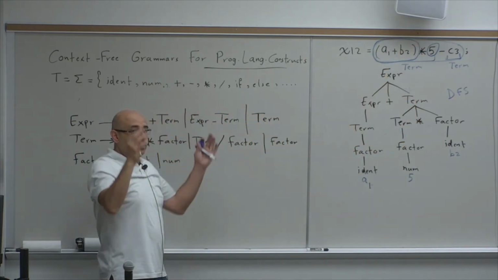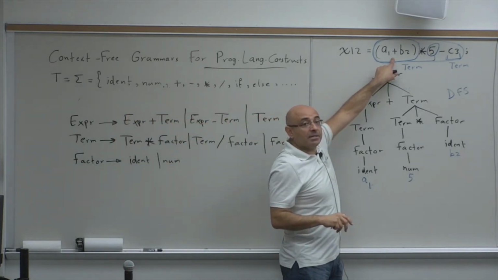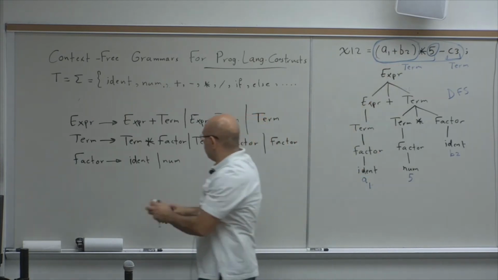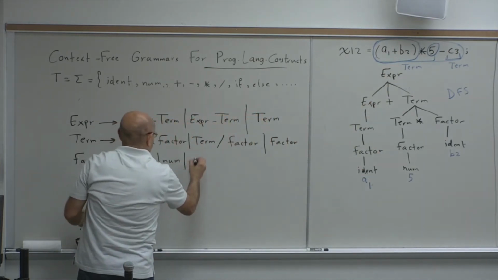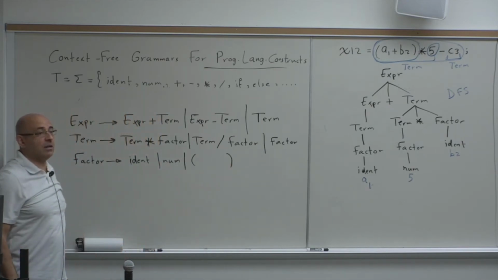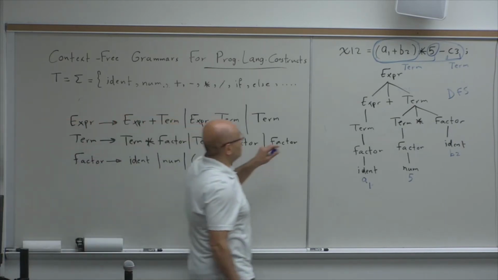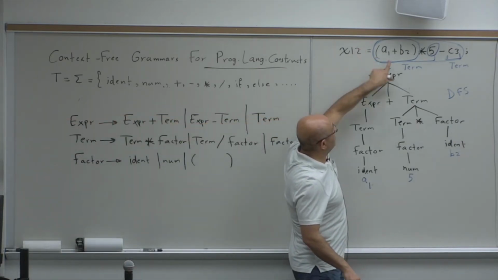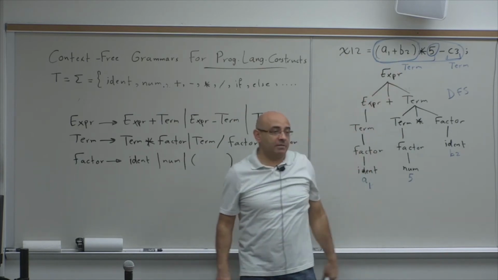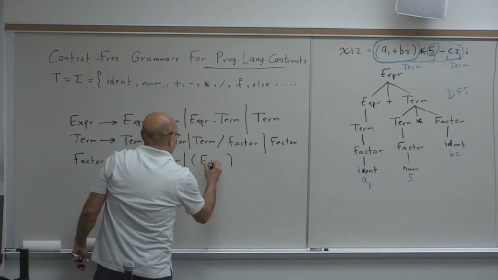Everything within the parentheses is another factor, right? So I add it as another factor. But what should I put inside to make it general enough? Expression. So the parenthesis structure is a factor, but within it I can have any expression. So this is an expression that you can have at this level.